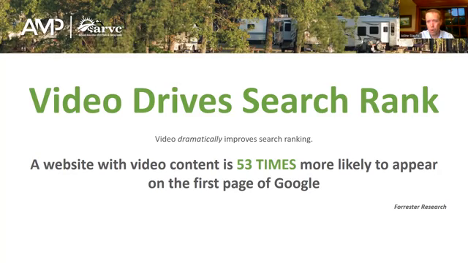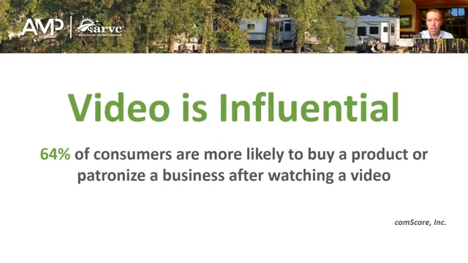But from a few years ago, Forrester Research noted that a website with video content is 53 times, not percent, 53 times more likely to appear on the first page of Google results. Video is powerful for rank, and video is really influential. ComScore reports that 64% of consumers are more likely to buy a product or patronize a business after watching a video.